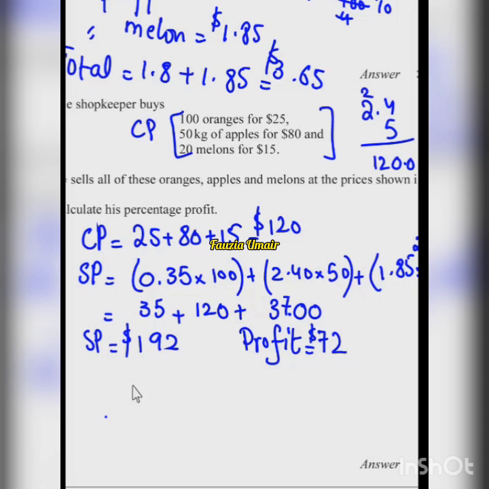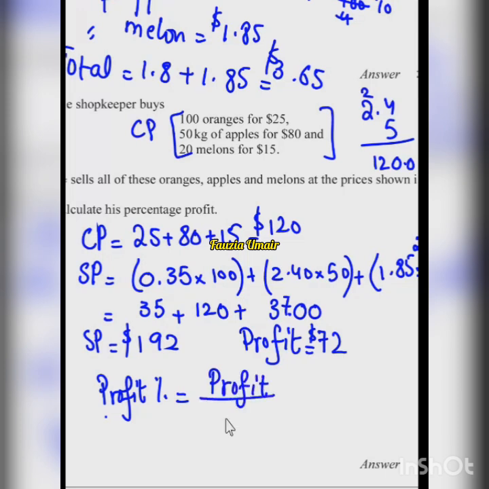Okay, yes. So now we can apply the formula. We have done this formula many times now. What is the formula of profit percentage? Can anyone tell me? Profit by cost price into 100%.